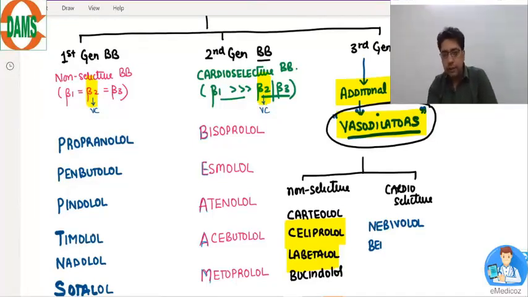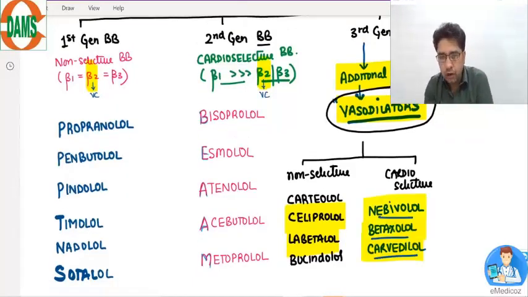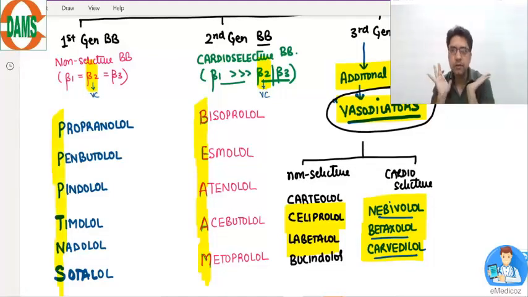So nebivolol, betaxolol, and carvedilol. The drugs I have shaded, you have to remember them.